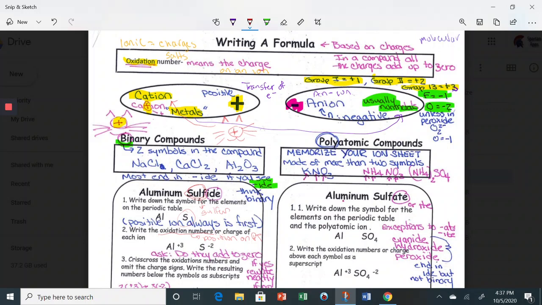When I write those charges next to the symbol, I ask this question. Do those charges add up to 0? And if the answer is yes, you just rewrite them close together. In this case, the answer is no. So you might say, well, what do we do? I have to move the paper.